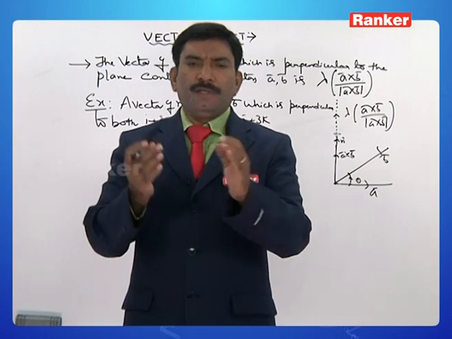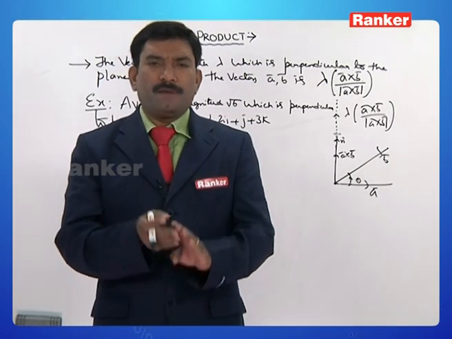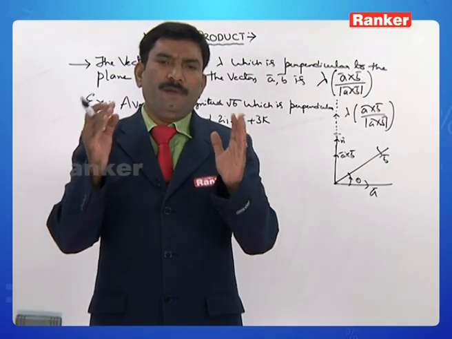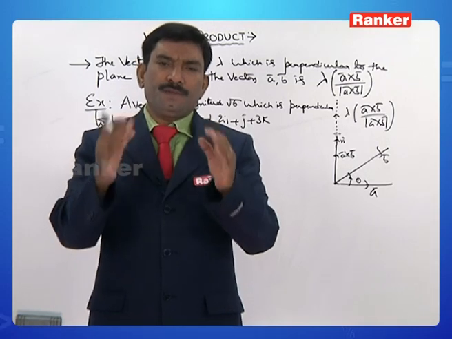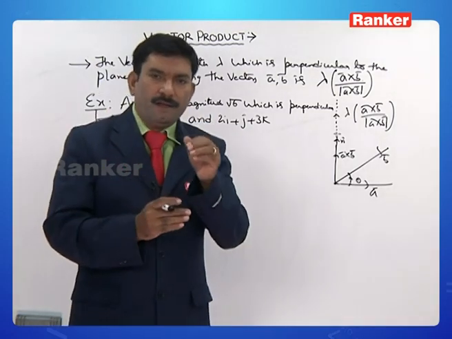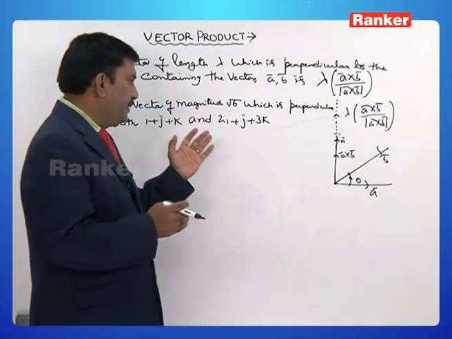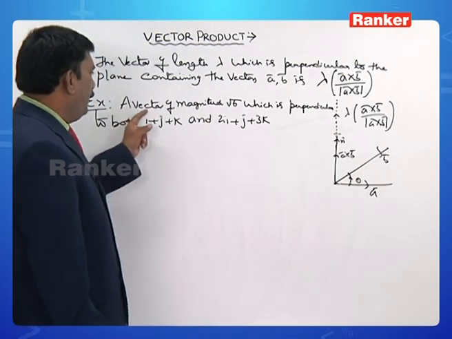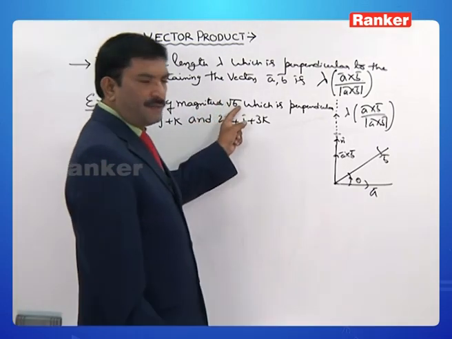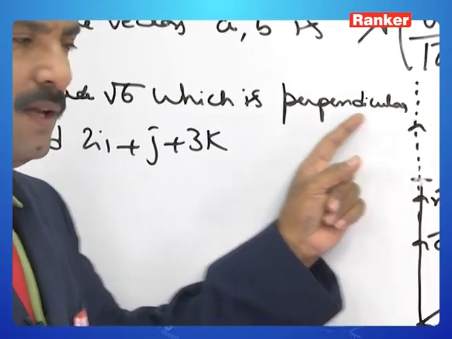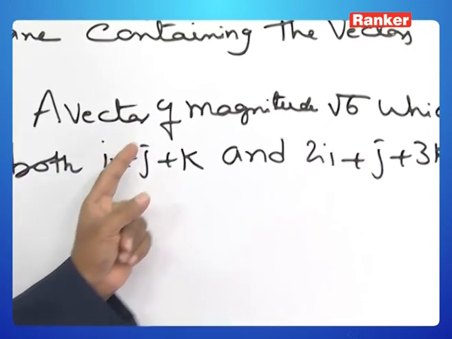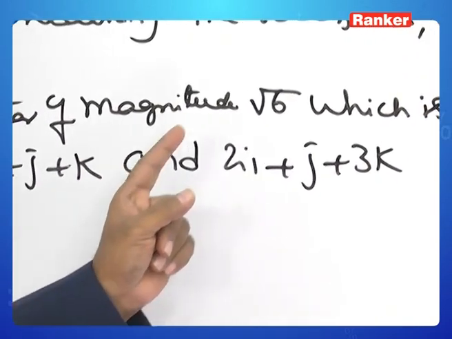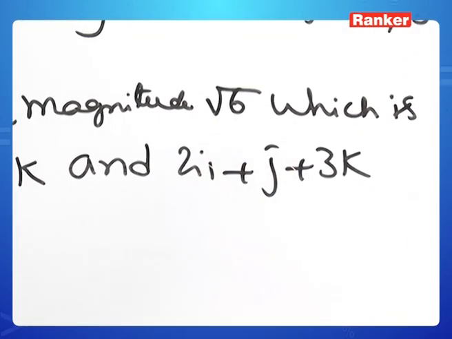Right. After knowing the concept of vector of length lambda perpendicular to both of A bar and B bar, let us have still more clarity about this concept by taking one example. What is the example? A vector of magnitude root 6 which is perpendicular to both i plus j plus k and 2i plus j plus 3k.